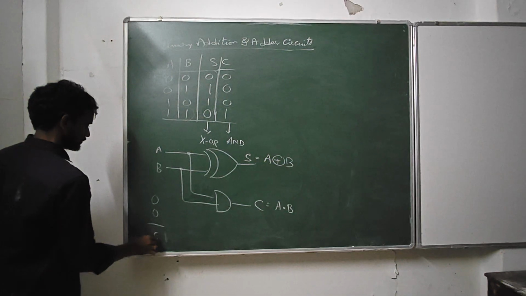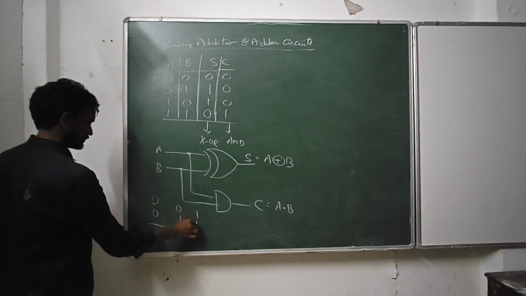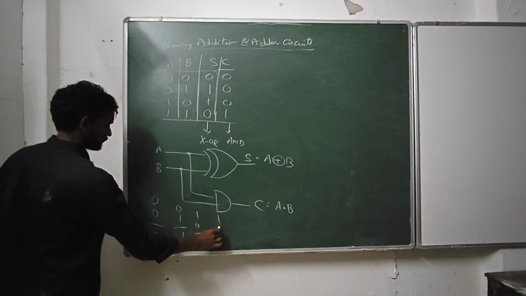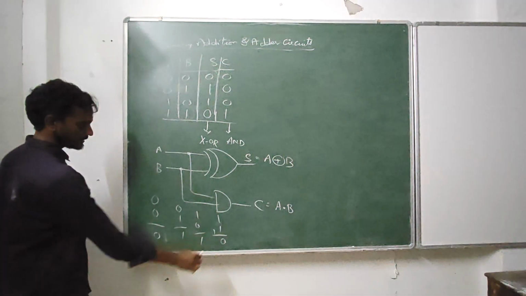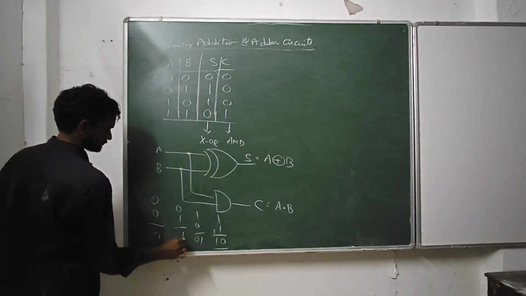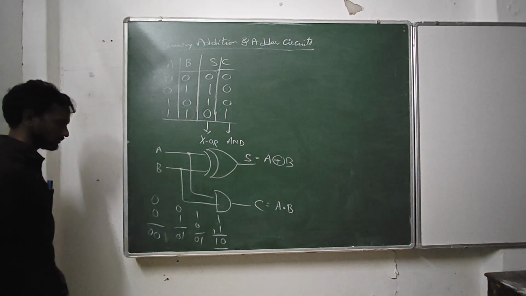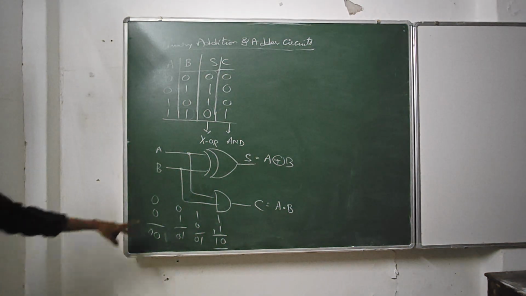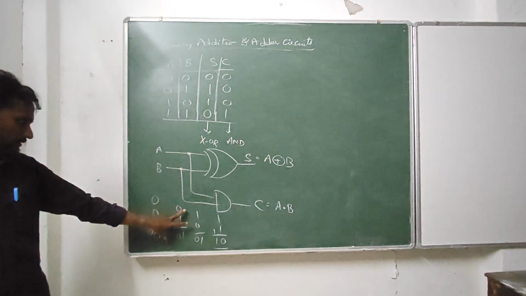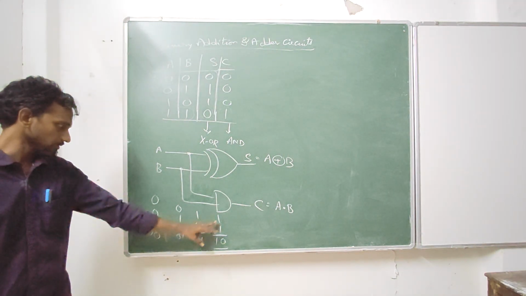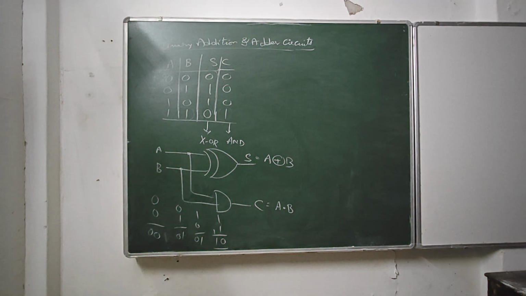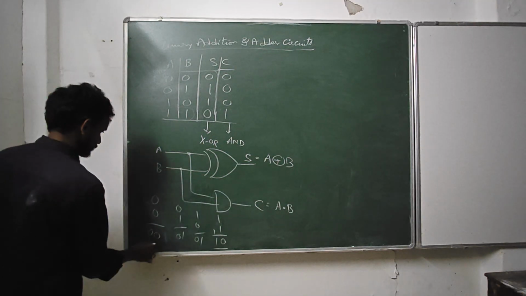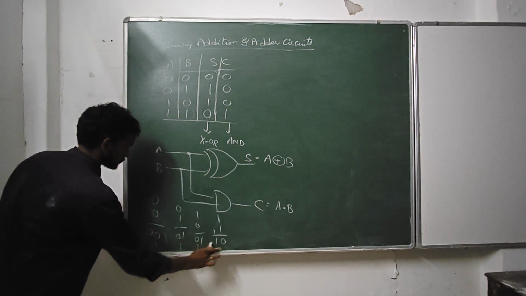Adding 0 and 0, you get 0, 0 1 is 1, 1 0 is 1, 1 1, sum is 0 and carry is 1, it is 1 0. So if you are using two digits in the result, 0 0 result is 0 0, 0 1 is 0 1, 1 0 is 0 1. When you are adding 1 and 1, the result is 1 0. In decimal system, this is 2.